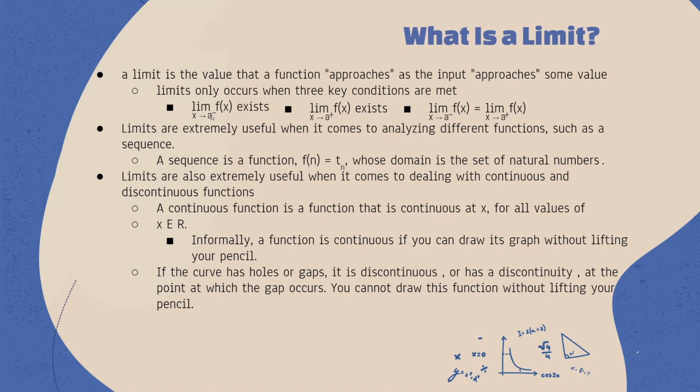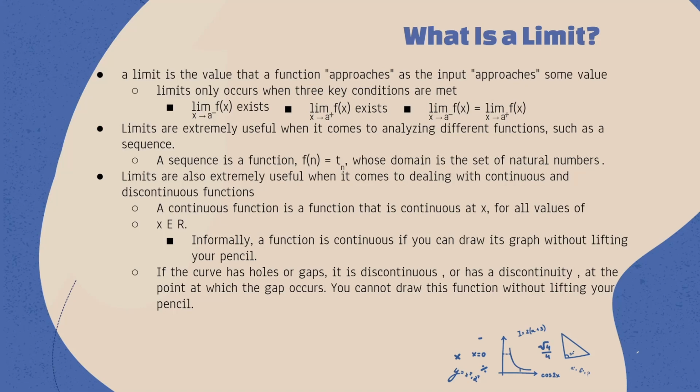So if we wanted to talk about as x approaches 2 from the left-hand side, we would write x with an arrow, 2, and then a little minus at the top. So that value must exist. The value also must exist when we're approaching a number from the right-hand side. So if it's from the right, it's a plus. If it's from the left, it's a negative.